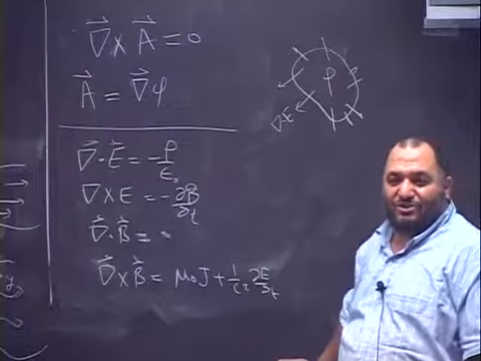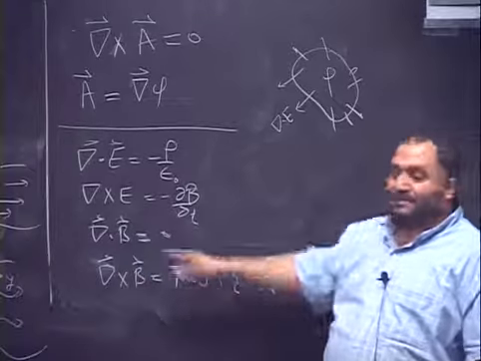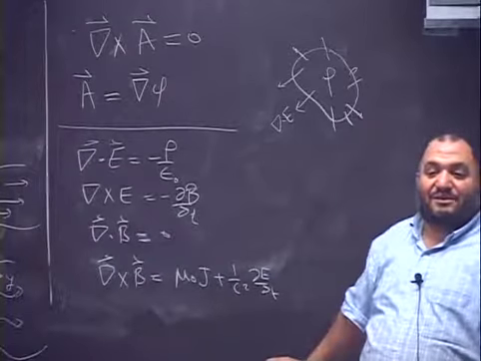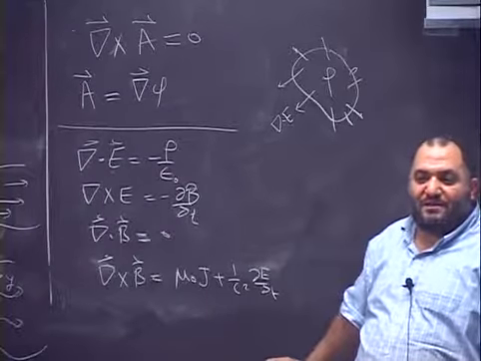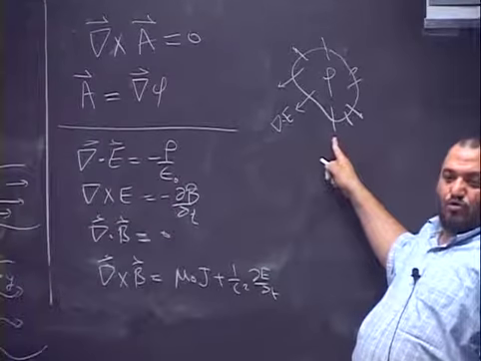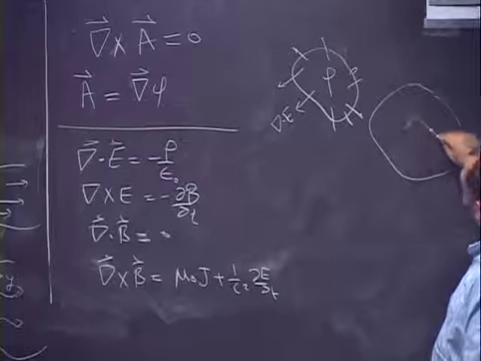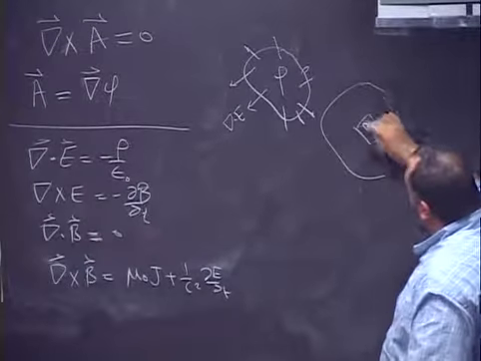So what about the divergence of the magnetic field? It tells me that there is no single charge for a magnetic field to generate a net outflow of magnetic field. Why? Because if you have a magnetic field, you have a north pole and a south pole, and they come together. There is no single pole.